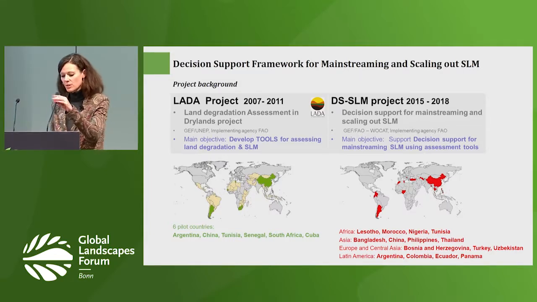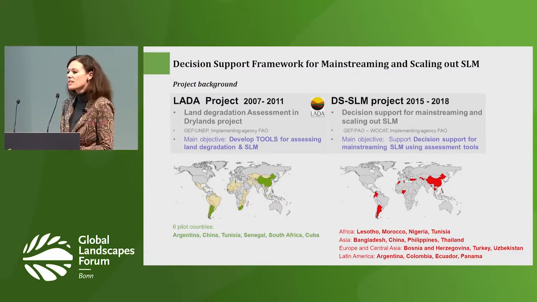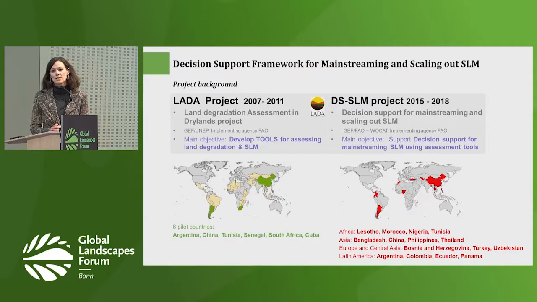And just to tell you where that all comes from, the project background is basically the land degradation assessment in drylands project, which was implemented until 2011, where the objective was really, together in a co-design with these 6 pilot countries that you can see below, to develop tools for assessing land degradation and SLM. That was the starting point where FAO and WOCAT really collaborated on developing this toolbox with the countries.